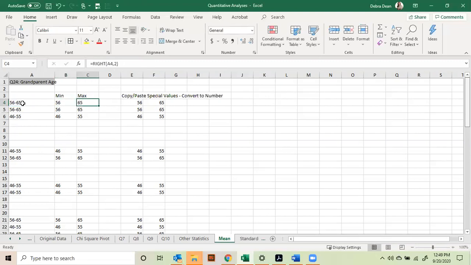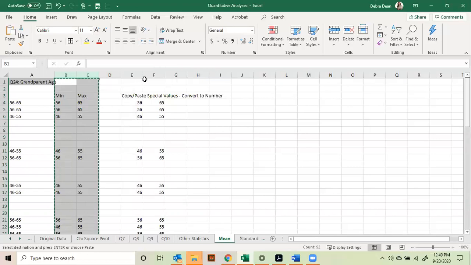We're looking at the right 2 spaces. Okay, now if you do this, the type of number that results is not a numerical number. So I just did a copy, and then I did a paste special values. Actually, let me do it down here.